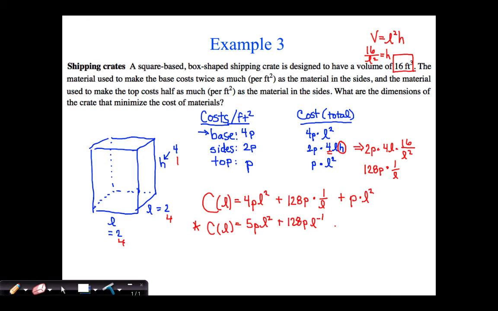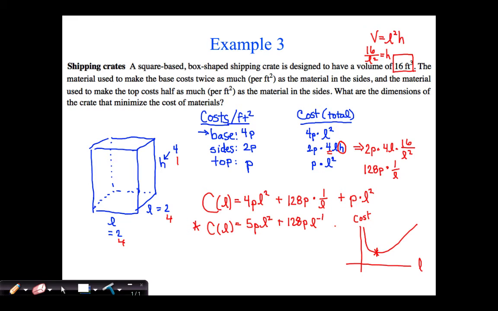If you want to think about the Cartesian graph of that, I believe in the domain that's of interest, we have something that kind of goes like that. So we've got a vertical asymptote at 0. And then as L gets larger, this term gets to be larger than this one. But in any case, there will be a critical value in a domain section that makes sense.